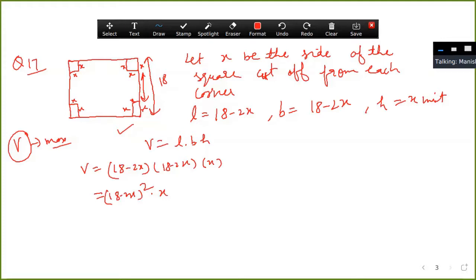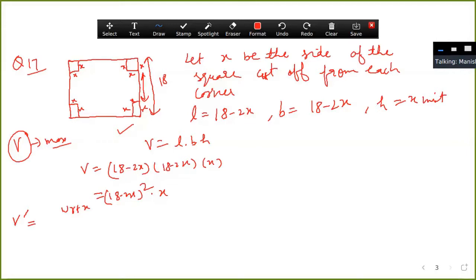Now what is the procedure to maximize the volume? First of all, find the first derivative, put that derivative equal to 0, get critical points, and then find the second derivative and put those critical points in the second derivative. If the second derivative is less than 0 at the given critical point, then it shows a maximum value at that point. Now our target is to first find the derivative V dash with respect to x.